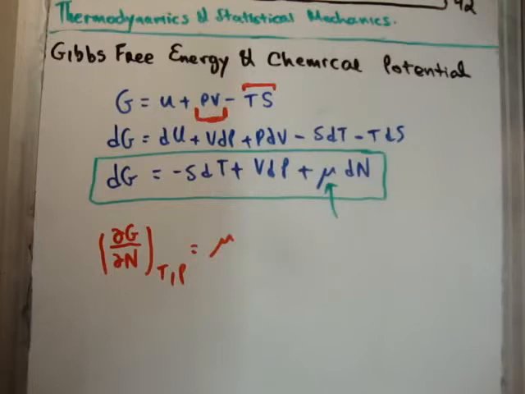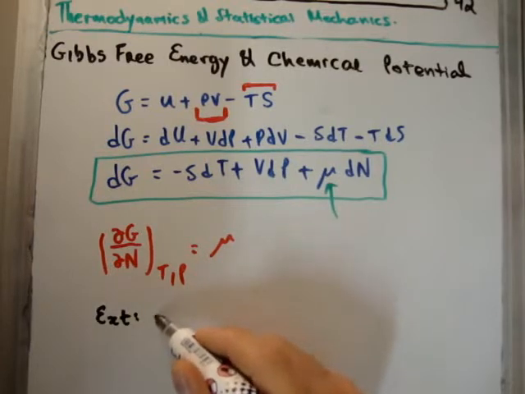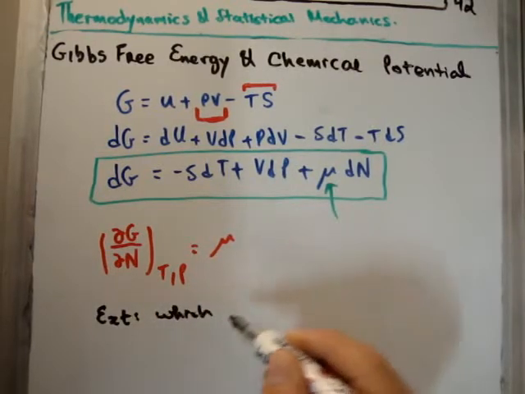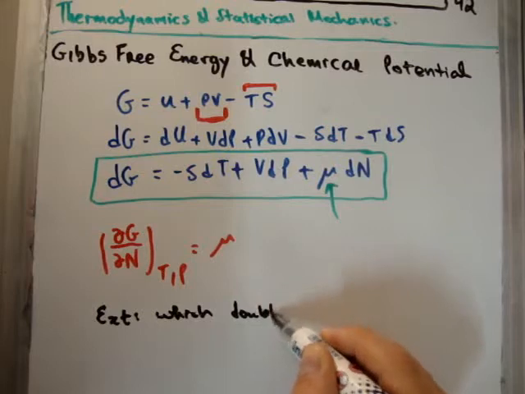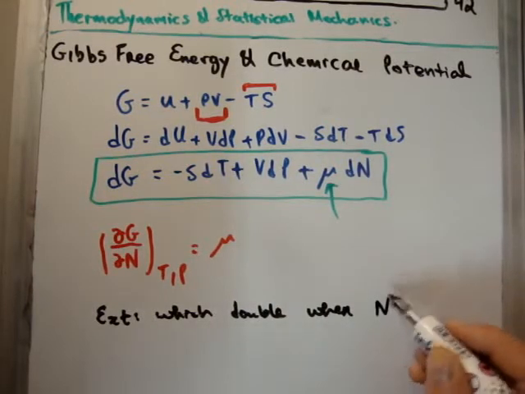Now in video number 41 I discussed extensive and intensive properties. Generally an extensive property is one which doubles when you double the number of particles, so when N doubles.